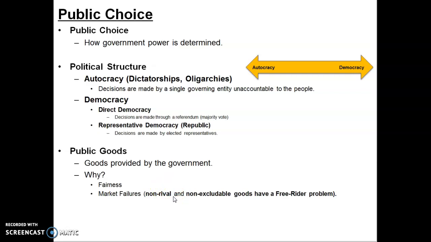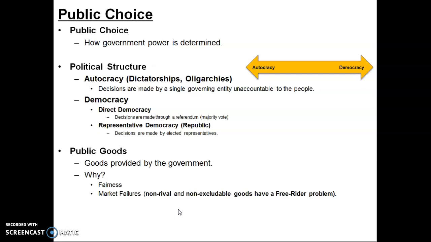So highways have a lot of value to people. But these market failures occur when a good is at the same time non-excludable, meaning that if you build it, you can't exclude non-payers. So in that case, no private enterprise is going to be incentivized to make the good.